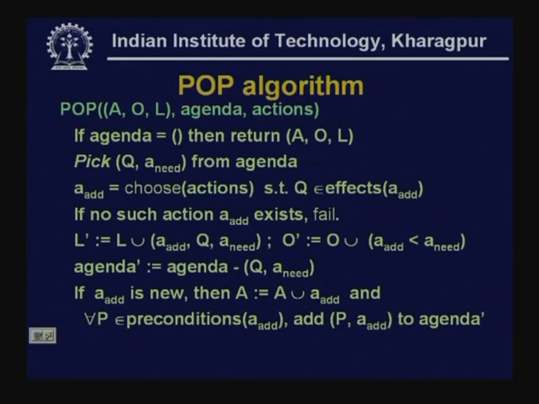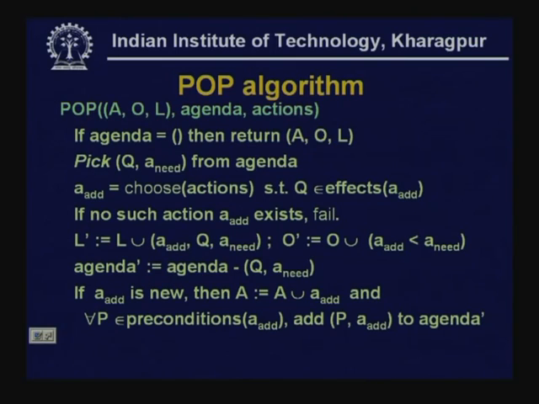So, the POP algorithm takes AOL as argument. In addition, it takes two other arguments, agenda and actions. Agenda is the set of flaws and actions are the set of actions that the agent can take.